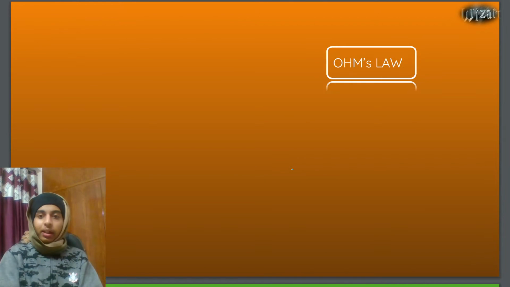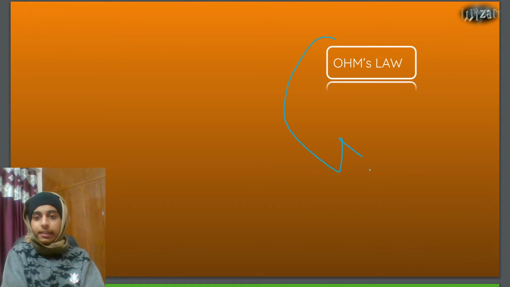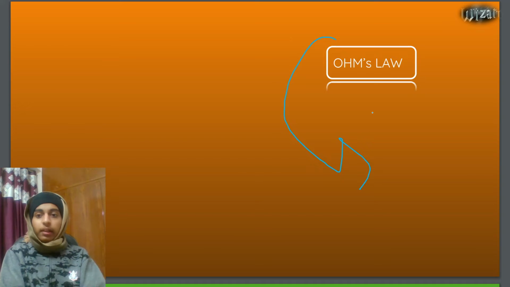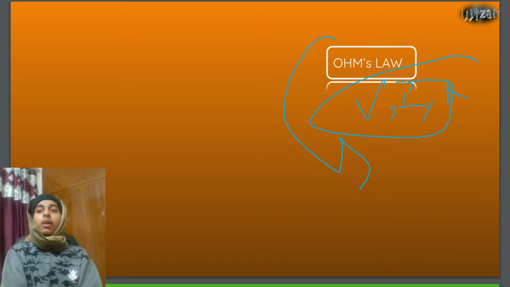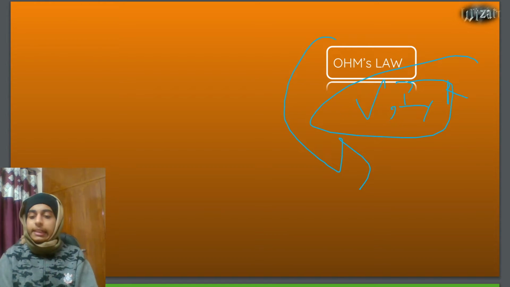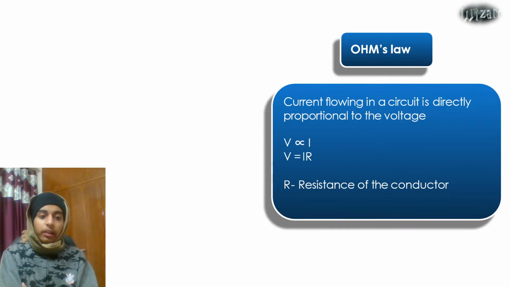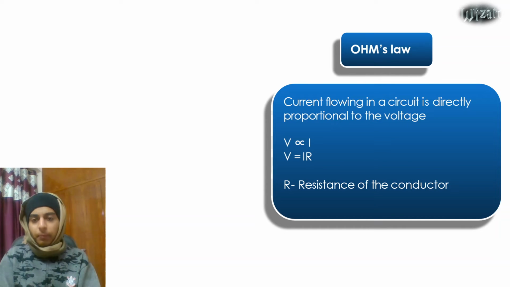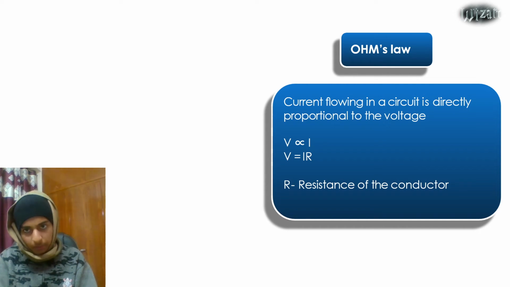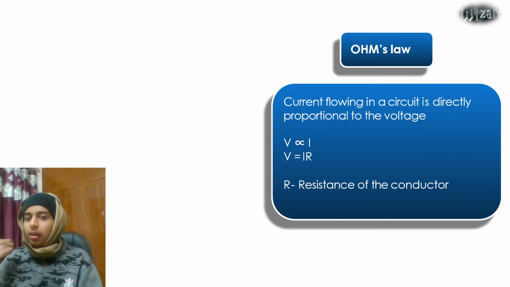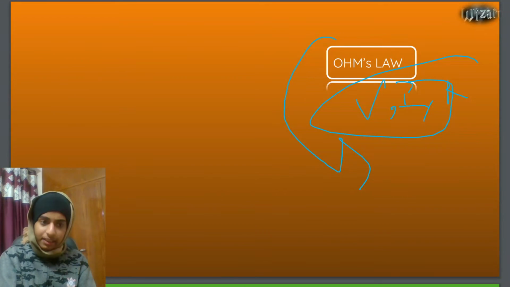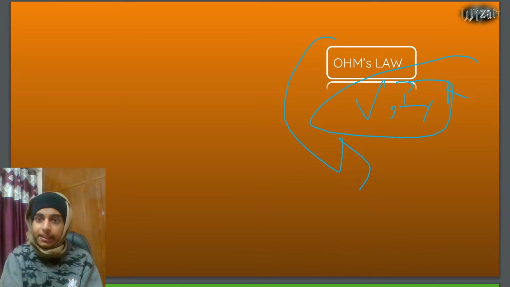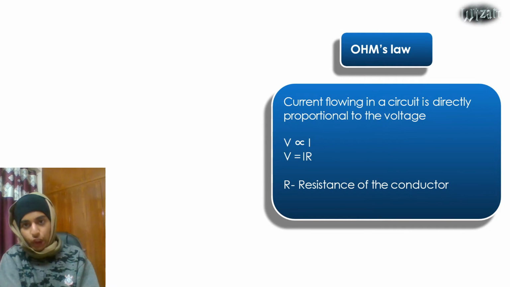Done. Now talking about Ohm's law. What did this scientist Ohm give? It is basically a relationship between potential difference, current, and resistance. I'll talk about resistance also in detail, so don't worry about it. We read about current, we read about potential difference, and the devices through which we measure them: the ammeter for current and the voltmeter for potential difference.